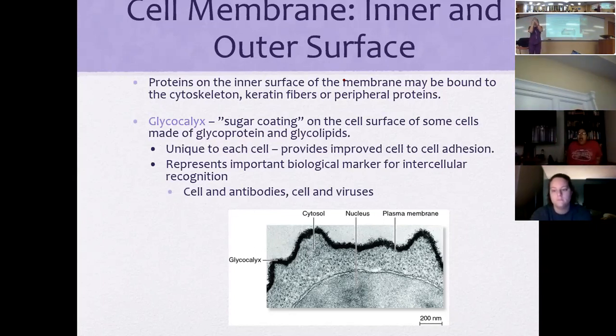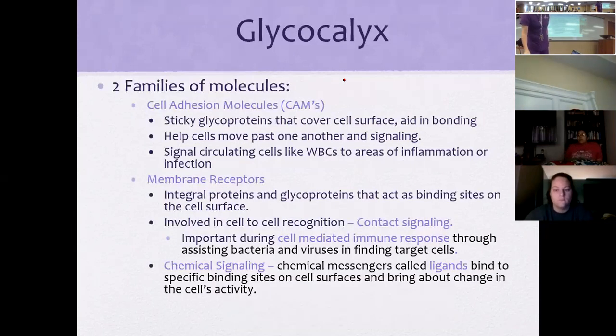It also helps cells to move over each other, helps cells kind of stick and then kind of roll over each other. Because we got a whole lot of cells and there is not a whole lot of room inside of us. So it gets a little tight in there and we've got to be able to move. That's our glycocalyx.